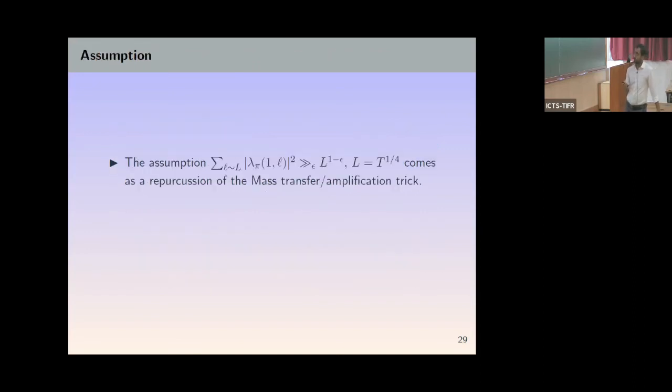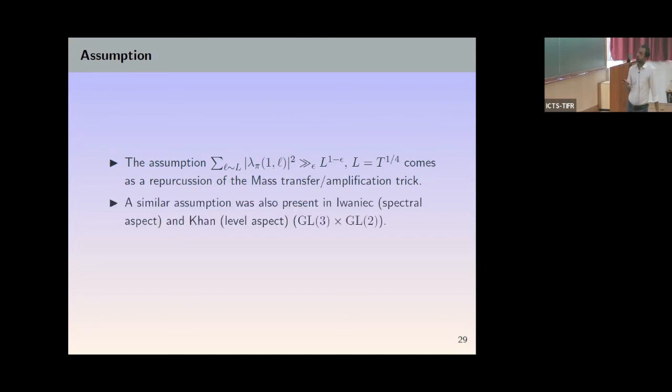Let's talk a bit more about the assumption. We have to assume that these GL2 Fourier coefficients are large. This usually comes up when you apply the mass transfer trick or amplification trick. So it's a repercussion of that.